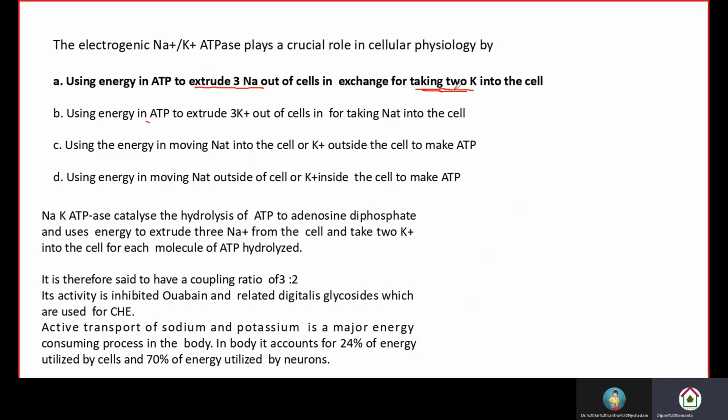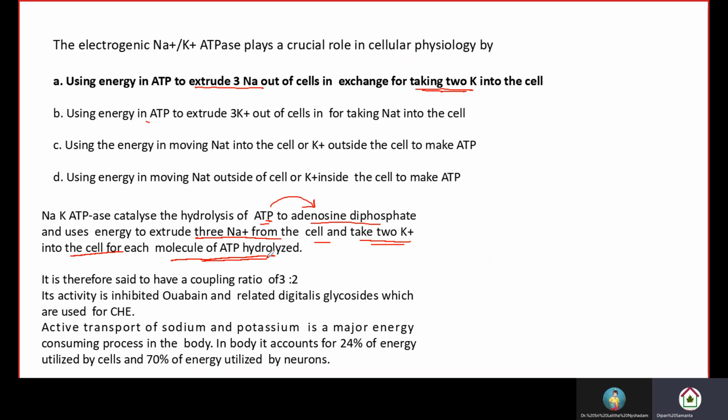Sodium potassium ATPase catalyzes the hydrolysis of ATP from triphosphate to diphosphate, and while converting this from tri to di, it gives energy which is used to extrude 3 sodium ions from the cells, and it takes 2 potassium ions into the cell for each molecule of ATP hydrolyzed.